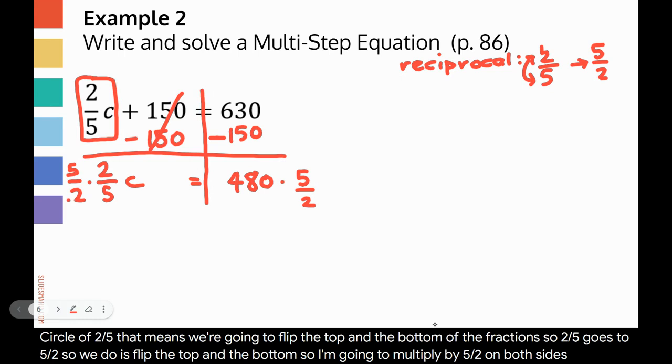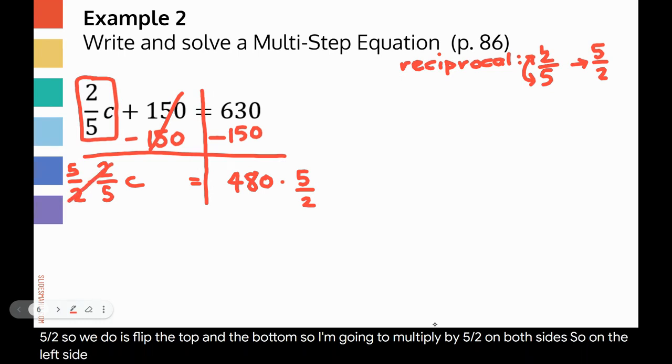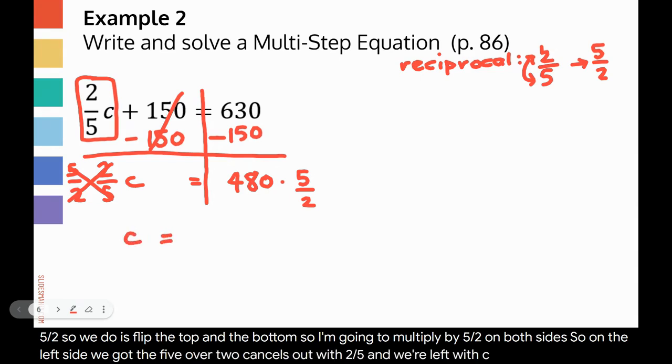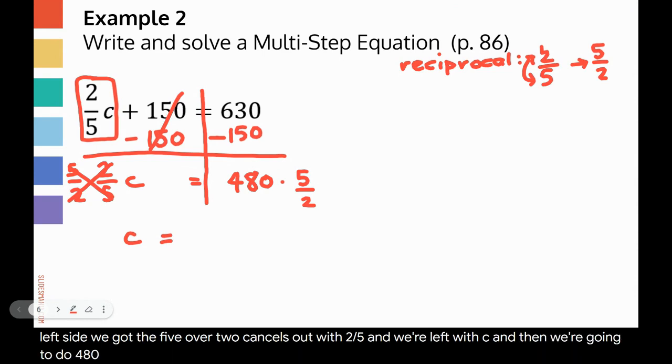Okay, so on the left side, the 5/2 cancels out with 2/5, and we're left with C. And then we're going to do 480 times 5/2. And you can do this on your calculator.